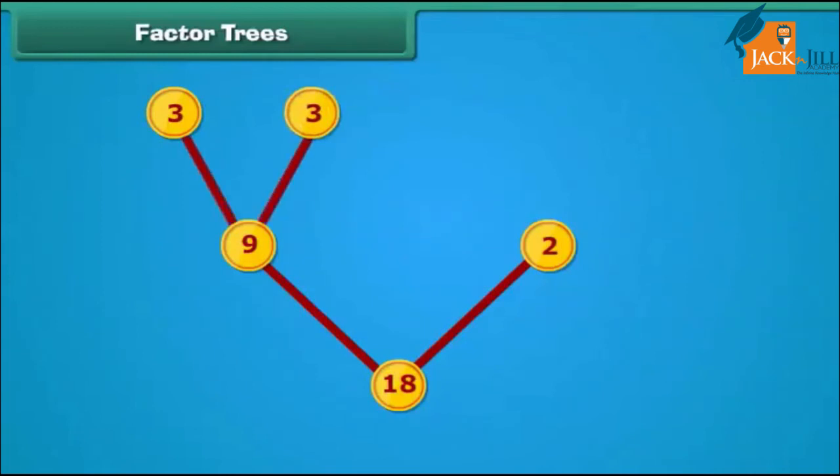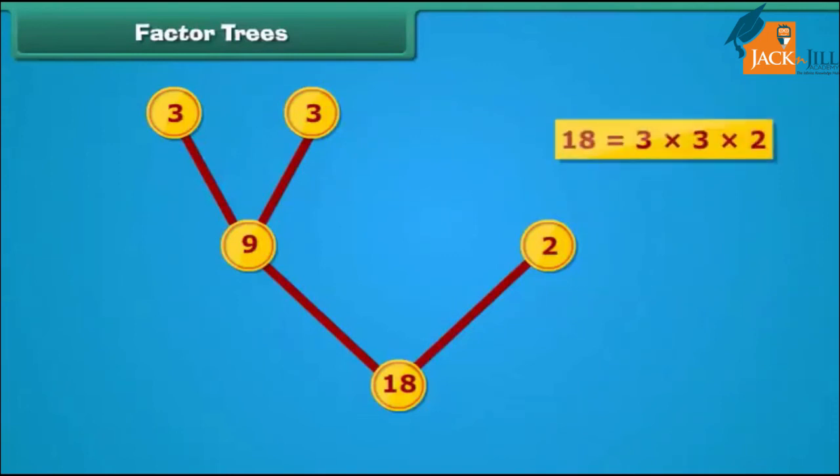Mark both as 3. 3 can be written only as 1 multiplied by 3. 2 can be written only as 1 multiplied by 2. We skip these factoring. The factor tree for 18 is complete. We can write 18 as the product of 3, 3 and 2.